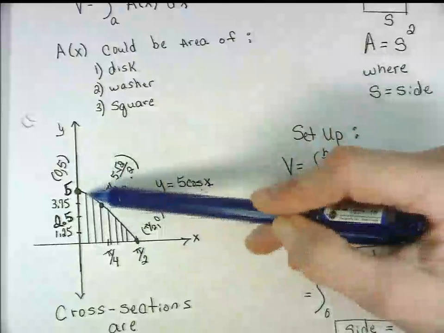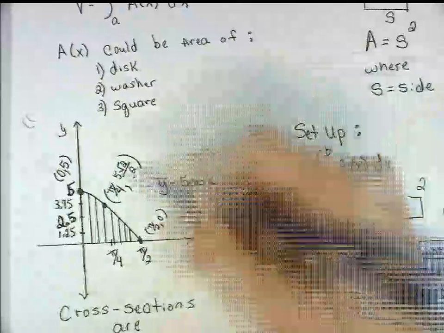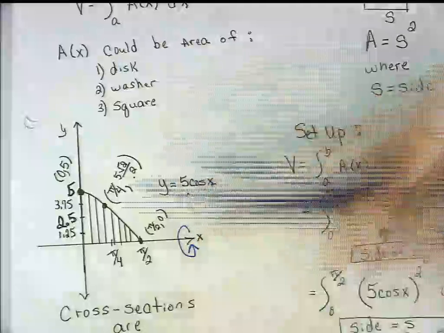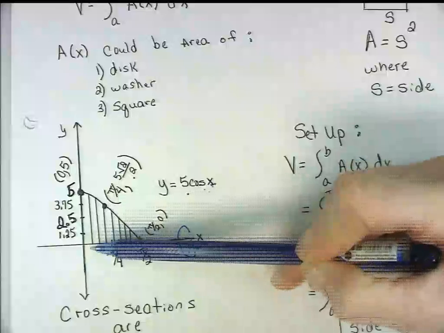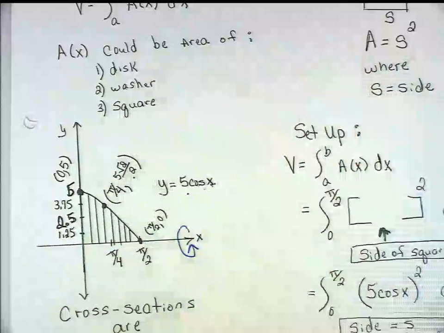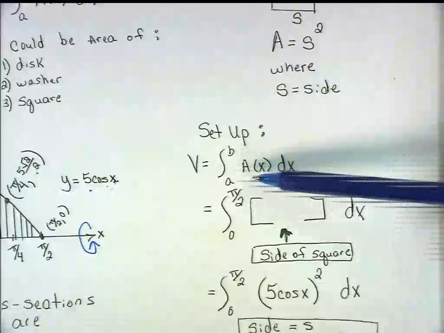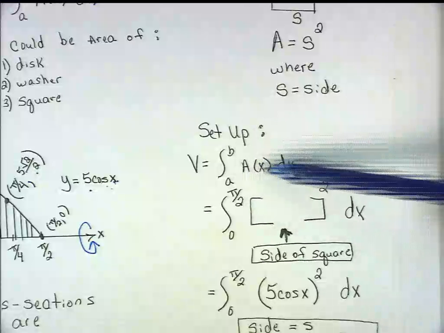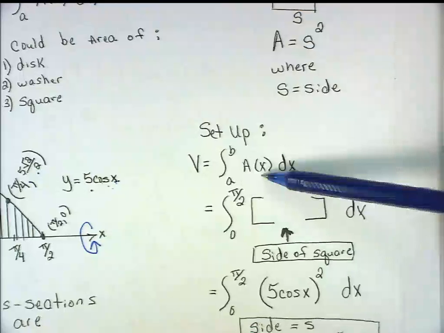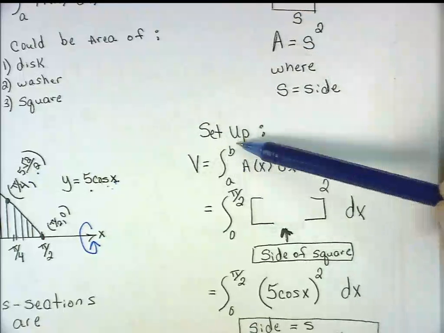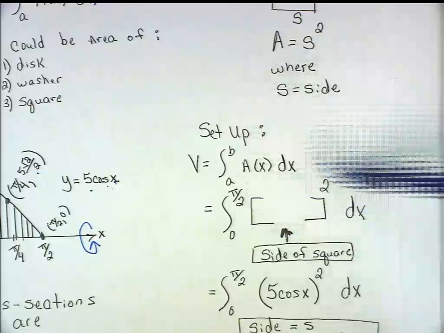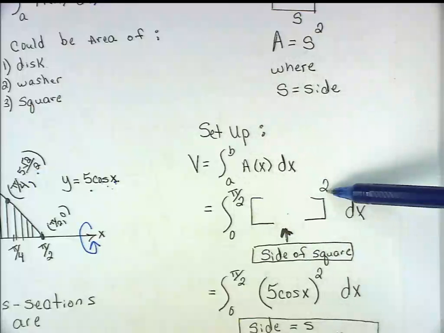If you notice, these cross sections are perpendicular to the axis of revolution. Each cross section. So here's the setup. I have the volume is equal to the definite integral from a to b of A(x) dx. So this is the area of the cross section, and I have side squared already set in there.